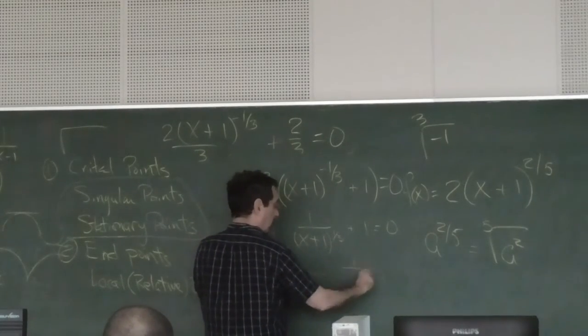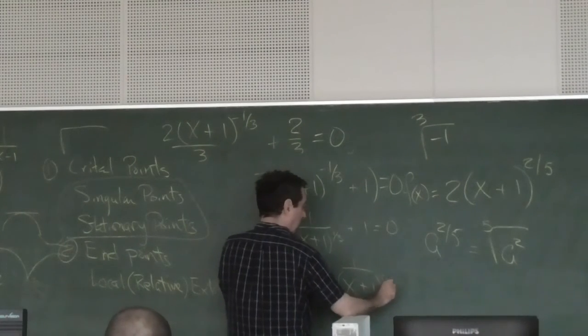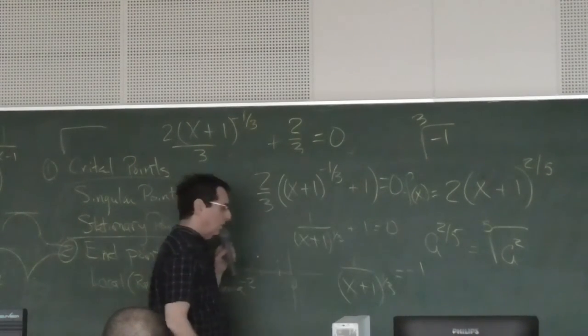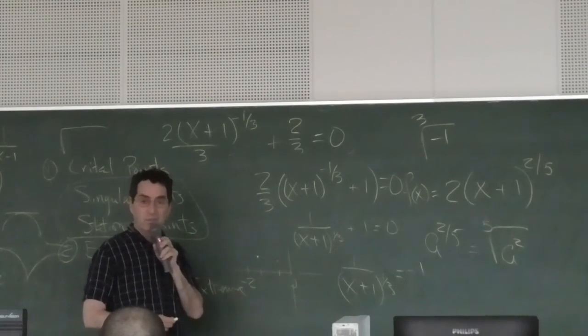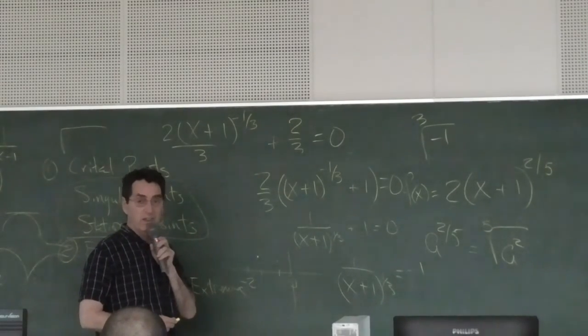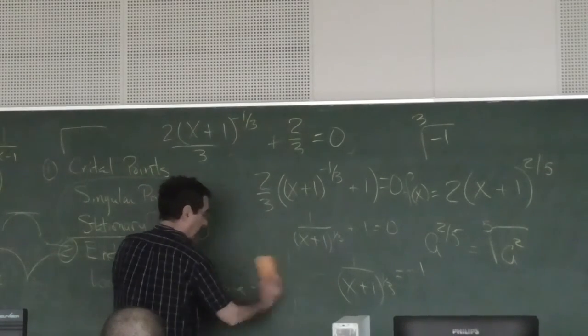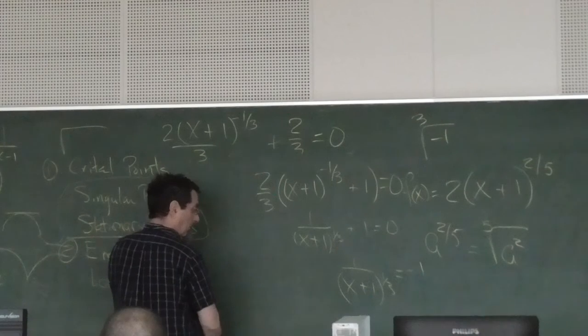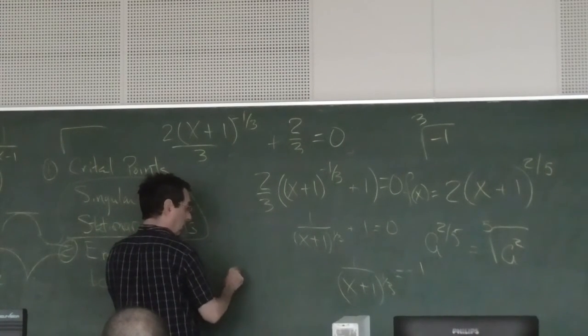So that gives us, tell me if I'm making a mistake. Okay, is that going to work? It seems like there might be solutions to that. Okay, how do we solve that? So bring that up and bring that over.